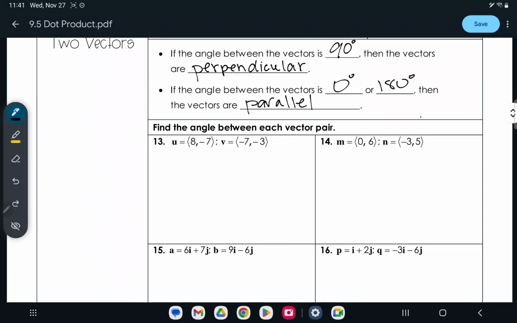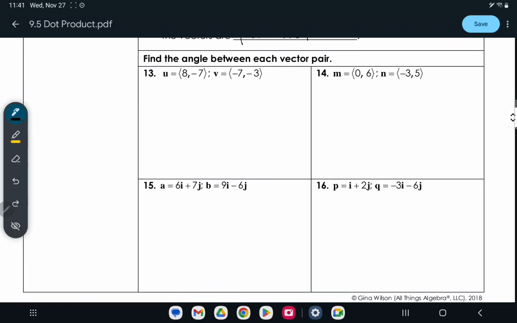So let's look at some. Let's find the angle between each pair. So let's use that formula. I'm going to rewrite it over here just so I can see it. Okay. So cosine of theta is going to be the dot product of v times w.